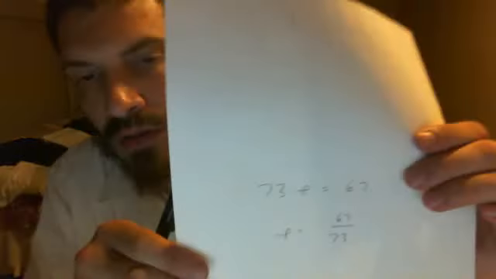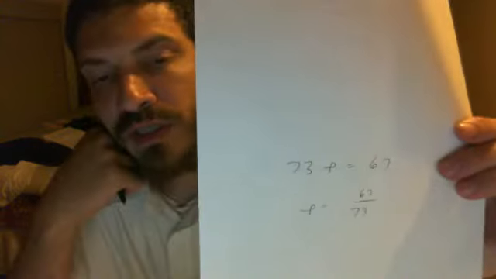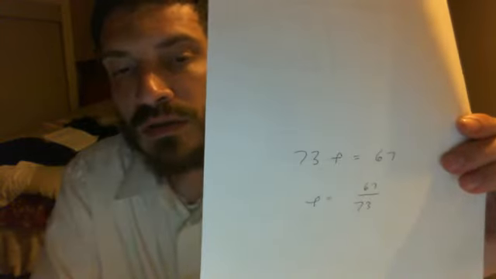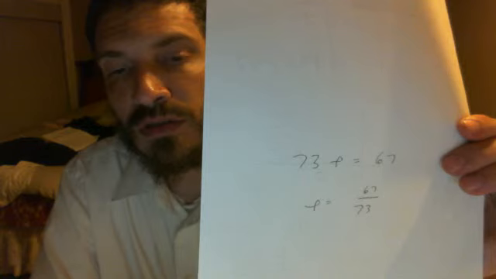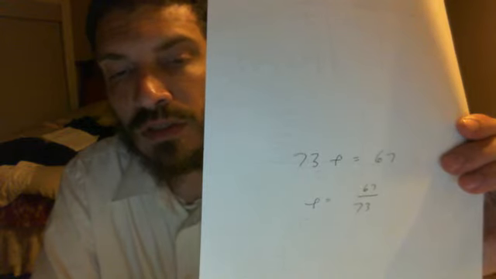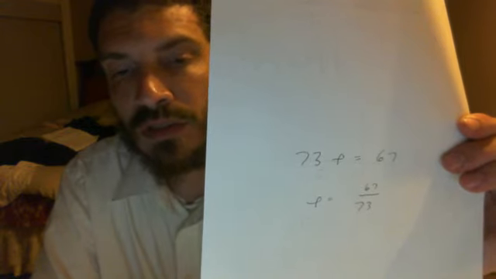I'll show you on the paper. 73x is equal to 67. x is equal to 67 over 73. This is the algebra that's involved here. 73 times x, where x is a certain fraction, 0.91 something, is equal to 67.